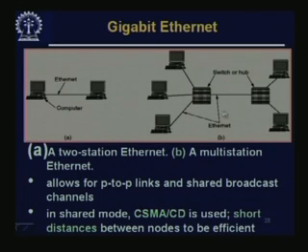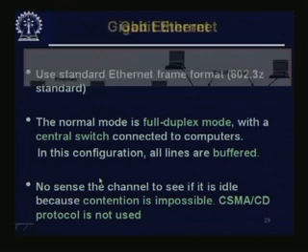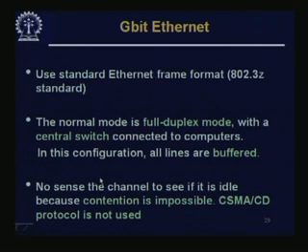This is a switch or a hub which operates at gigabit speed. So, these allow point to point links and shared broadcast channels through some hubs if they are there. In shared mode, CSMA/CD is used, with short distance between the nodes to be efficient, but this is not very common.